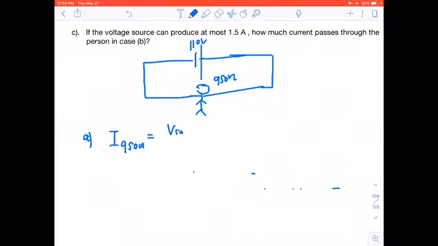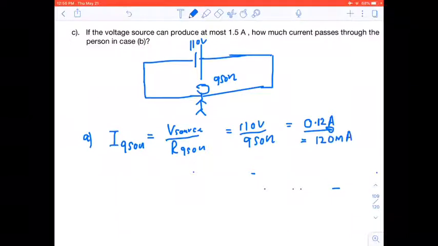I is the voltage of the source over the resistance of the person, which would give us 110 volts upon 950 ohms, and that would give us an equivalent of 1.12 amps, right? Which is equal to about 120 milliamps. And 120 milliamps can be quite fatal if it passes through our body.